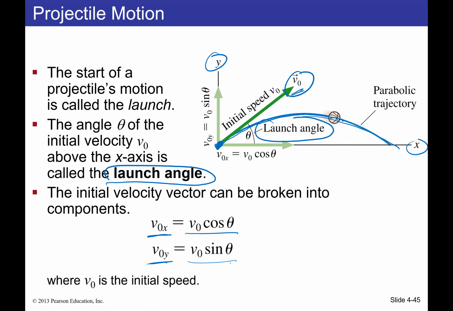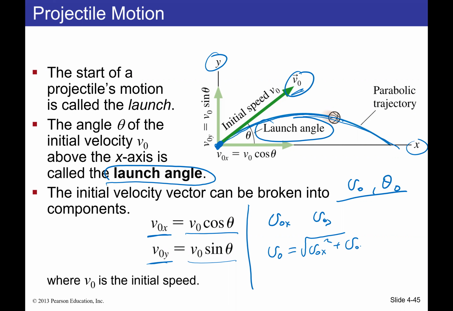Now you can think of it like this. This is assuming that you are given v initial and theta initial, then you use this. But what if you're given components, v naught x and v naught y? Well, then remember, you can still use them to find the initial speed, the square root of initial x squared plus initial y squared, and find the launch angle using the inverse tangent of v initial y over v initial x.